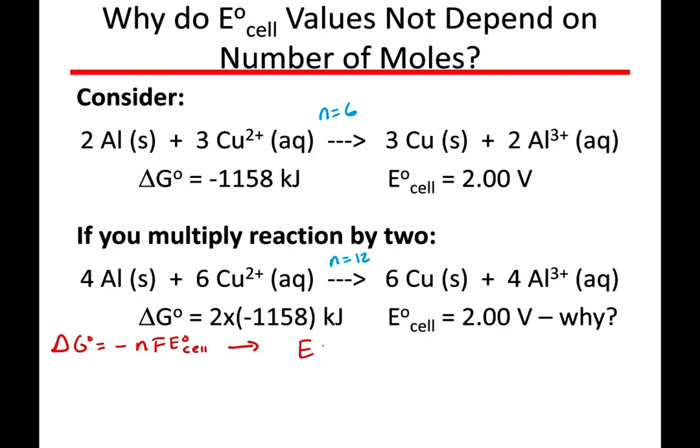So we'll begin by dividing both sides of the equation by negative nF. So that gives us negative delta G standard over nF. And then we can plug in the numbers. So E naught for the cell will be equal to negative. The delta G was 2 times negative 1158 kilojoules.